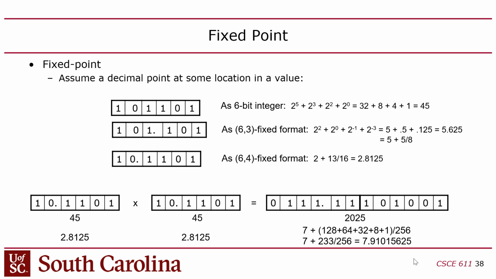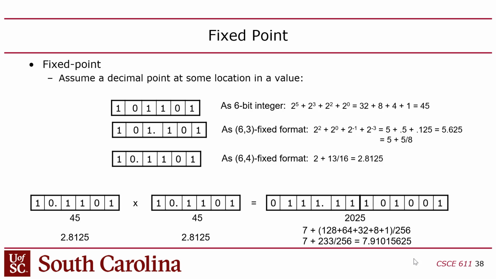Does that make sense? The problem with this is that there's no hardware support for fixed point. In other words, we're just building fixed point arithmetic on top of integer instructions. What that means is that if you multiply 2 fixed point numbers, the product is going to have a different number of fractional bits than the operands do.